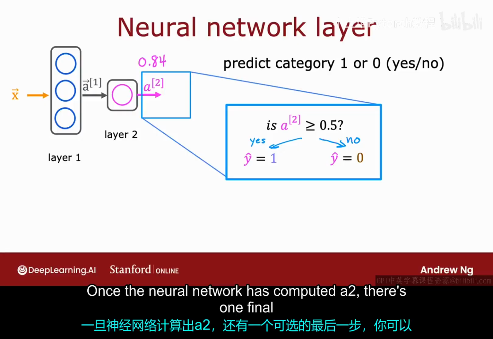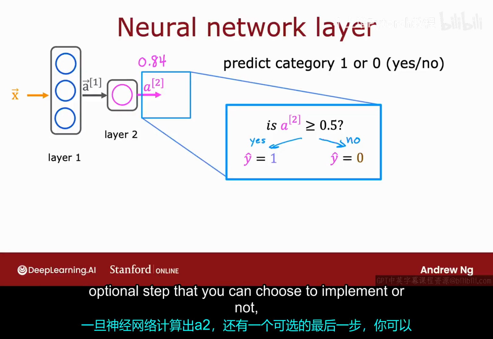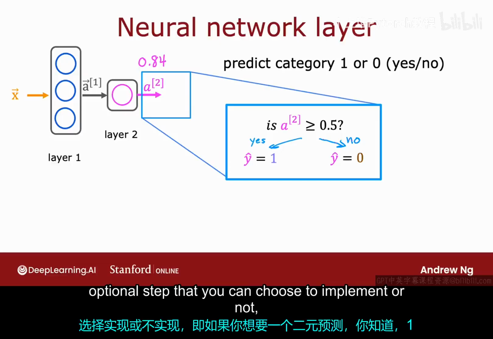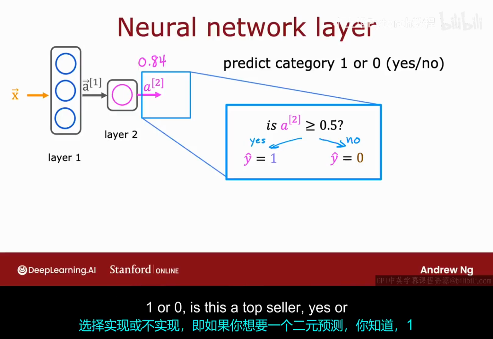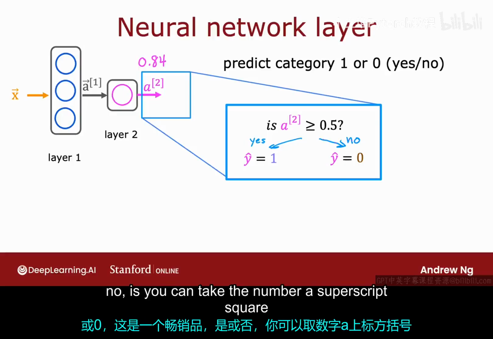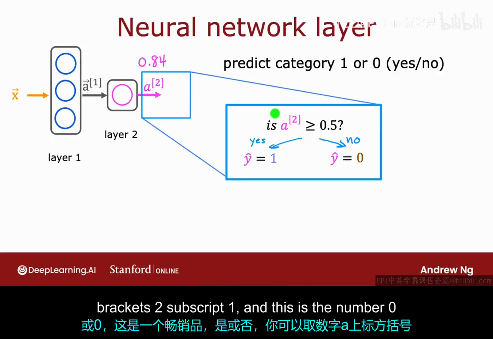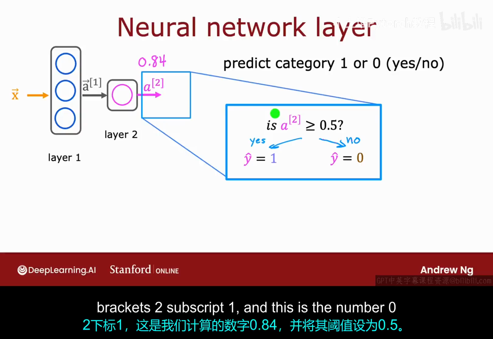Once the neural network has computed A2, there's one final optional step that you can choose to implement or not, which is if you want a binary prediction, 1 or 0, is this a top seller, yes or no, you can take the number A superscript square brackets 2 subscript 1, and this is the number 0.84 that we computed, and threshold this at 0.5.